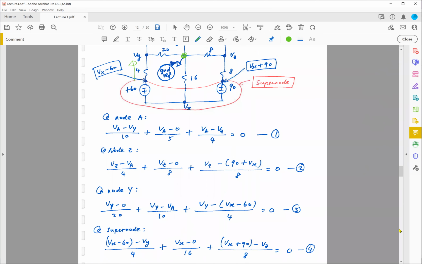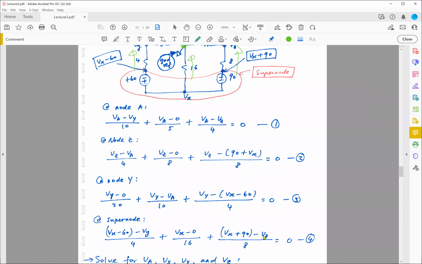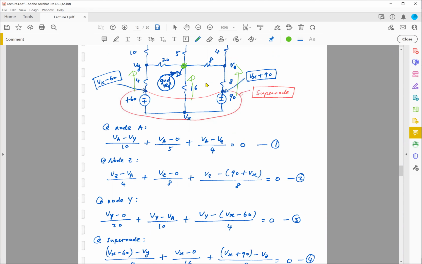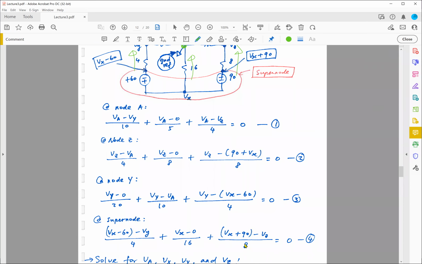So what I'm doing is capturing the current flowing out of the node, including this one as well. So for this node, Vx plus 90, take this minus Vz divided by 8. You sum all these things to 0, again following KCL.